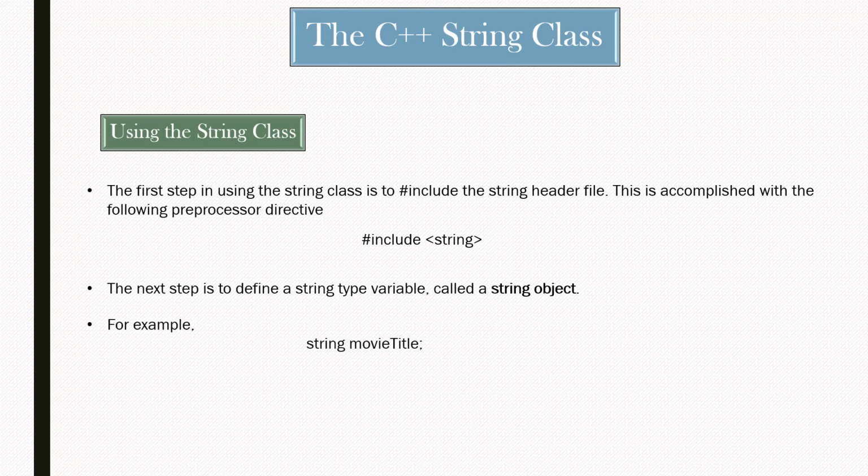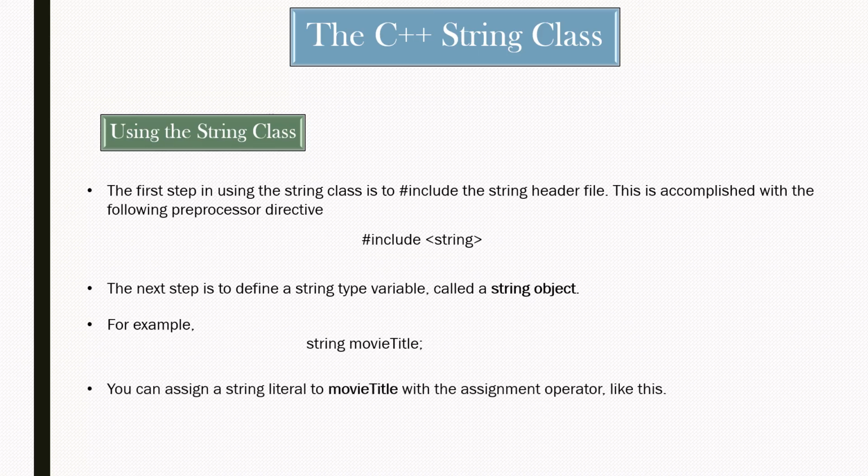For example, the following statement defines a string object named movieTitle. You can also assign a string literal to movieTitle with the assignment operator, just like this. You can also use cout to display the value of the movieTitle object.